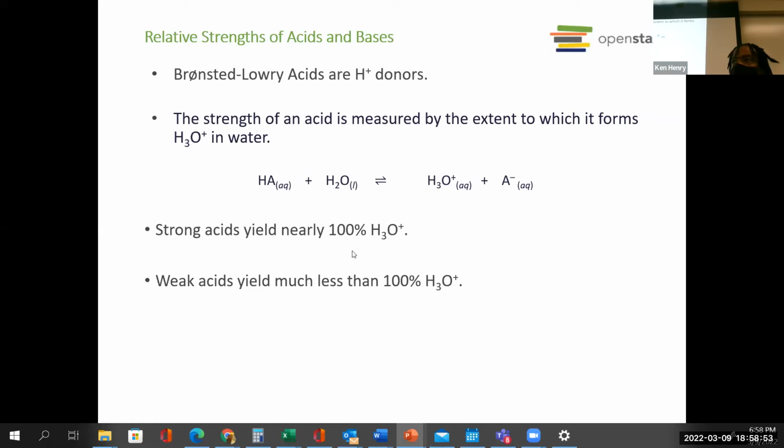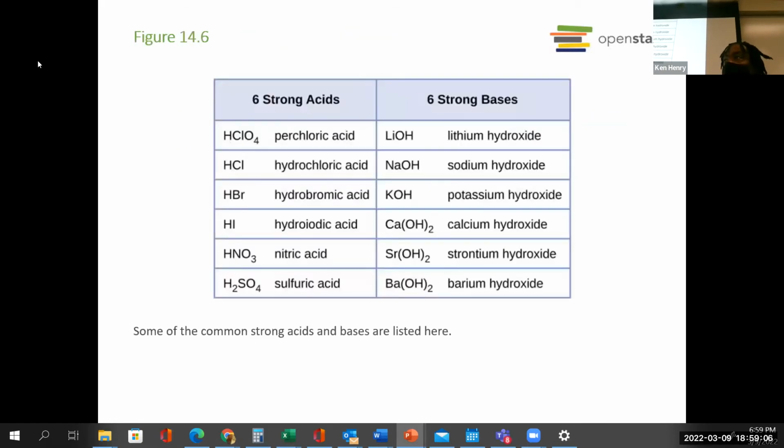A strong acid yields 100% of the hydronium ion. A weak acid yields much less than 100% of the hydronium ion. These are the 6 strong acids. These are the 6 strong bases.